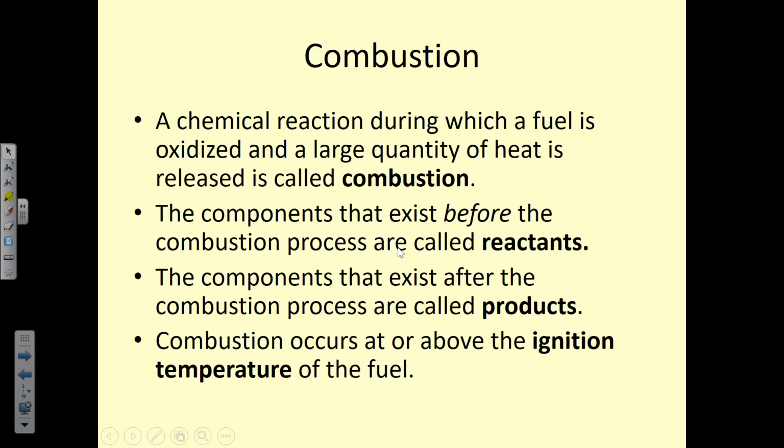In most cases, the reactants are actually reacting. There are some cases where inert reactants come into the system, but when they exist prior to combustion, they're called reactants. What comes out after combustion is called a product. So we're going to be looking at two sides of an equation, the reactants and the products, and balancing the molar numbers on each side of the equation.